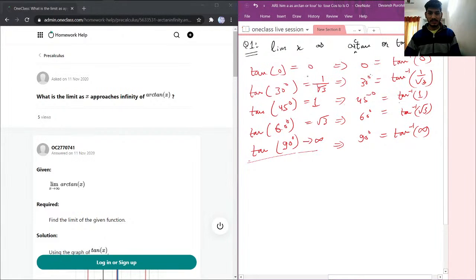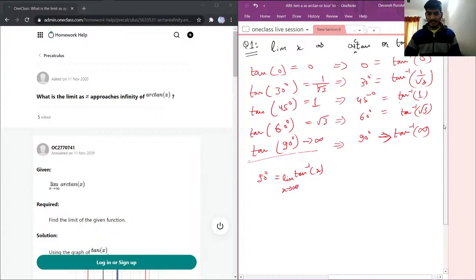Now what our question says is: what is the limit of tangent inverse of x as x approaches infinity? Because it is never touching infinity, it is always approaching infinity, so we write the limit as x approaches infinity of tangent inverse of x.